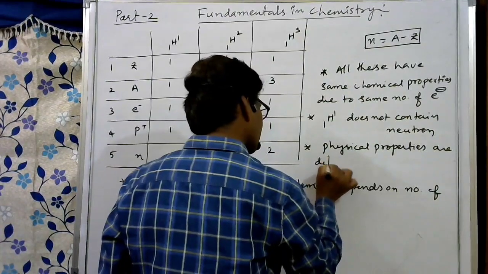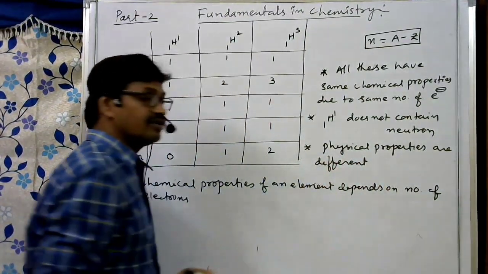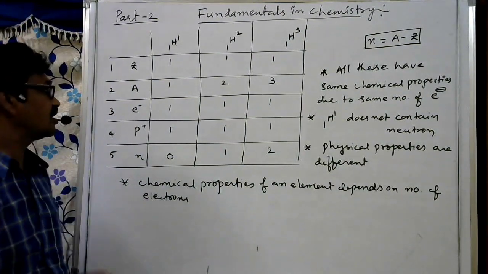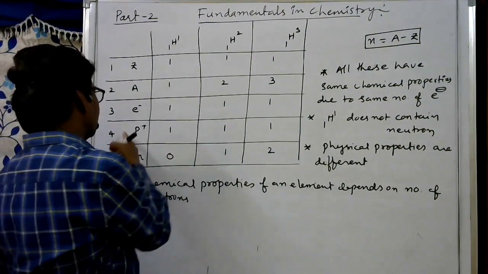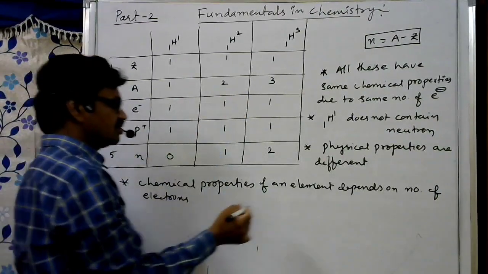Why are physical properties different for all these? Because they have different masses. They have a different number of neutrons, and they have different masses.